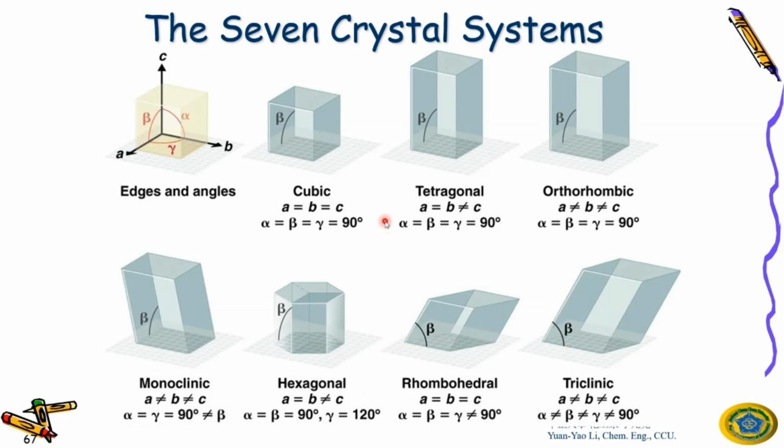But there are a few other types, such as tetragonal, orthorhombic, monoclinic, rhombohedral, and triclinic crystal structures. I don't need you to remember all of this, but you need to know roughly there are 7 crystal systems here. And now it's time to put the atoms in these 7 crystal structures.